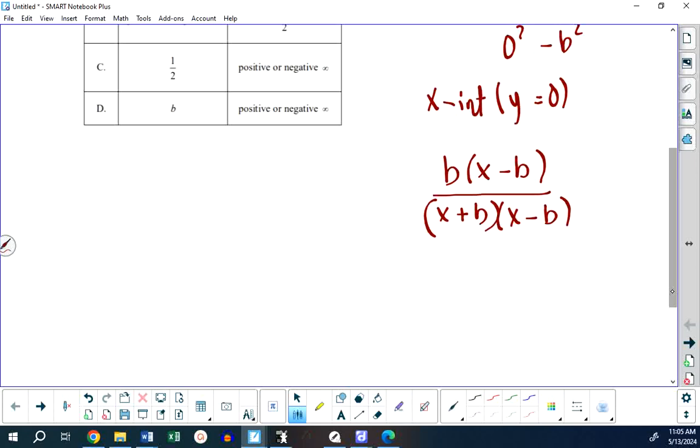And there is no factor in the numerator that's not in the denominator. These cancel. So that 0 of b gives a hole. There's nothing else left in the numerator. There's no x-intercepts of this function.